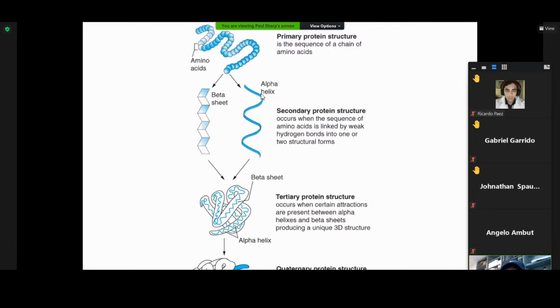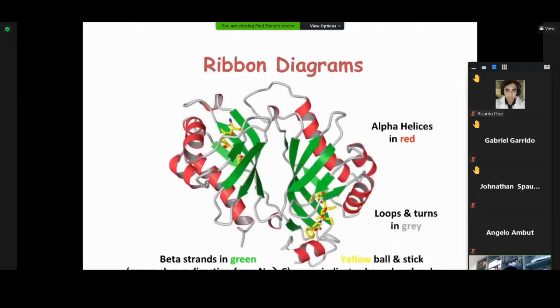We have our secondary structure, whether it's alpha helix or beta sheet. When the secondary structures come together by way of disulfide bonding between cysteine residues, you have your tertiary protein structure. And when you have more than one tertiary protein structure coming together, then you have your quaternary protein structure.